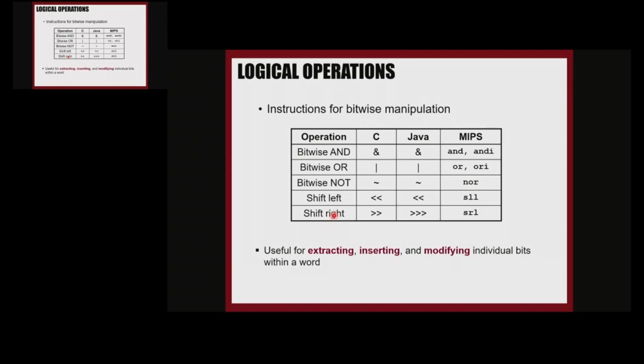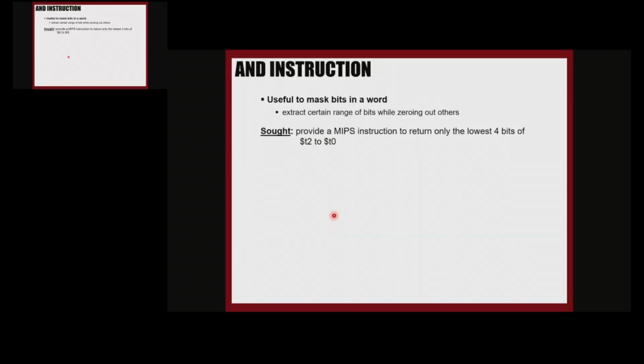Okay, so let's have some example here. We have a MIPS instruction that wants to return the lowest 4 bits of register T2 to register T0. We have a value in register T2. We just want to get the lowest 4 bits of that and move that to T0, and everything else is going to be 0.